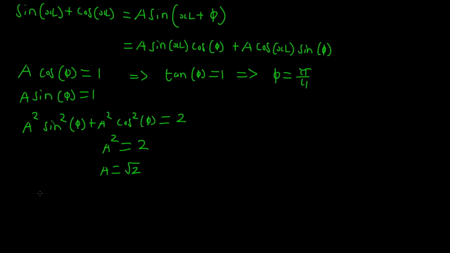So now we could rewrite natural log of y as minus e to the negative xL over the square root of 2L sine of xL plus pi over 4 plus a constant c.